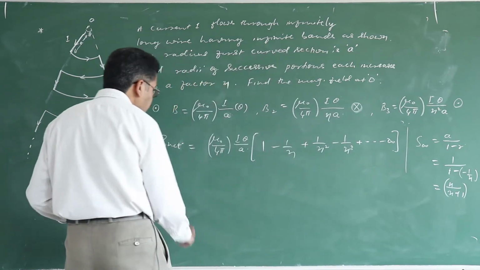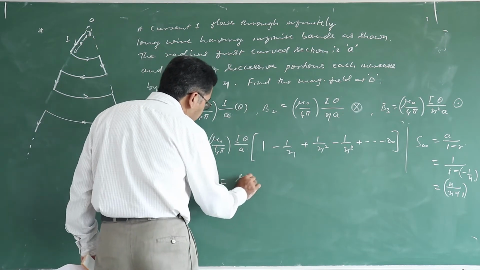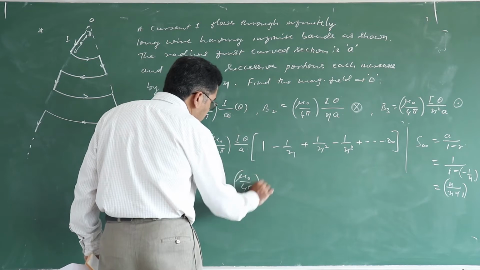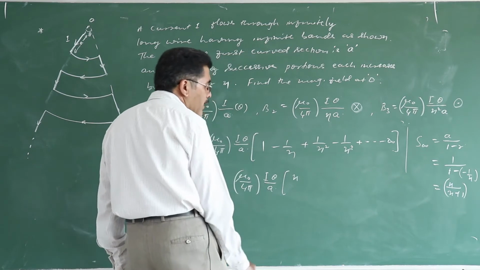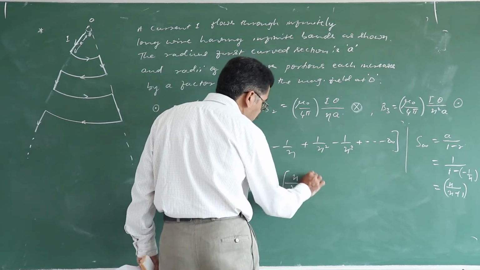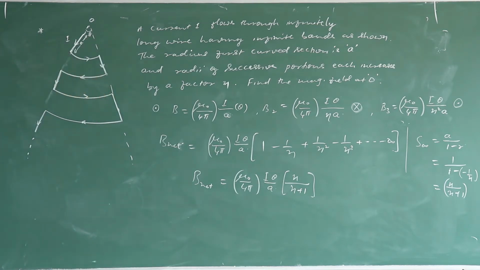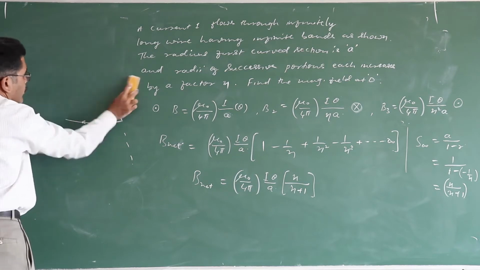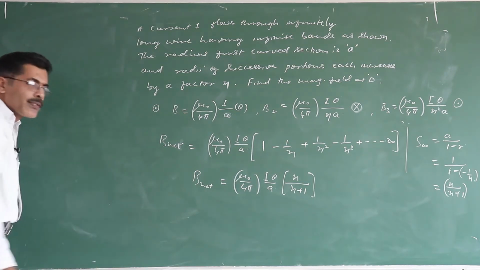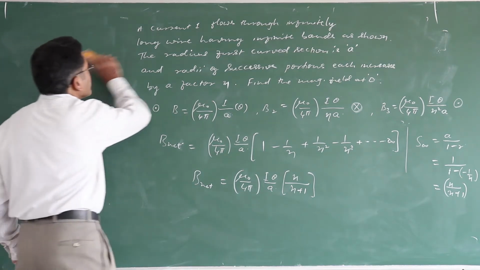Therefore the net magnetic field B is equal to mu naught by 4 pi I into theta by A multiplied by n divided by n plus 1. This is also one of the standard problems that appeared in competitive exams. If the field direction is the same, take it as positive. If it is oppositely directed, take it negative. It's a convention.